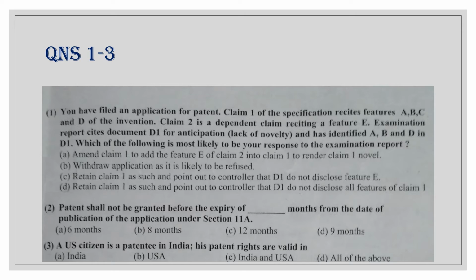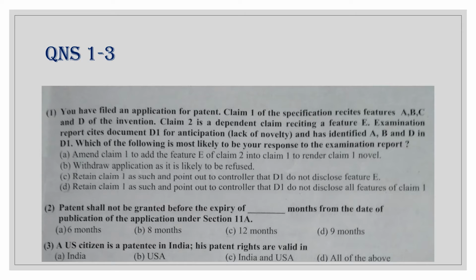That means the examiner has written that this particular invention is lacking novelty due to features A, B and D. Now friends, try to find out what is missing in document D1.